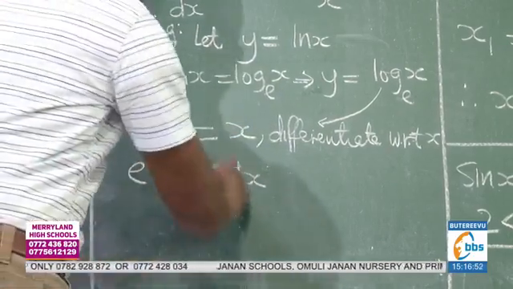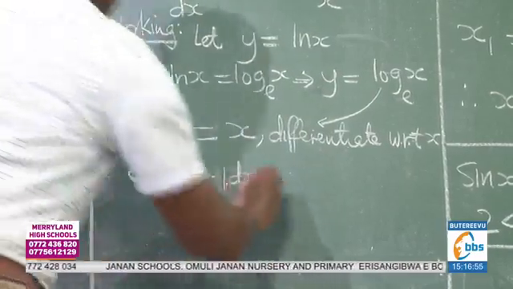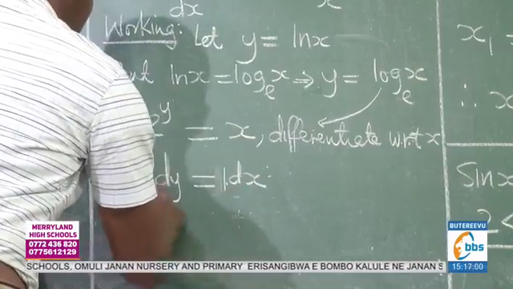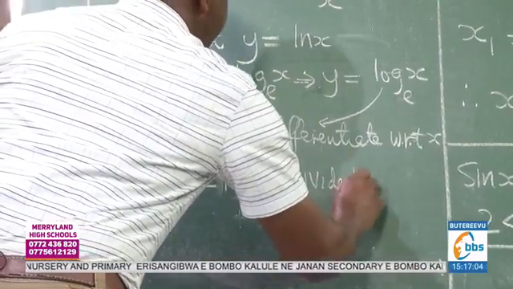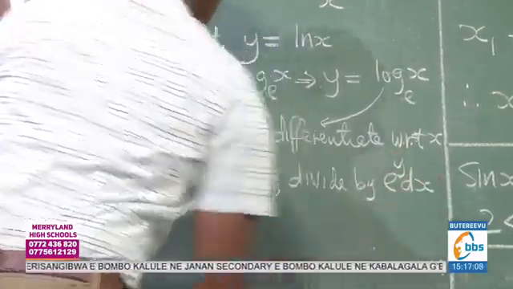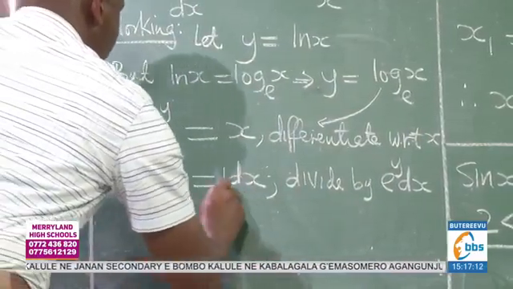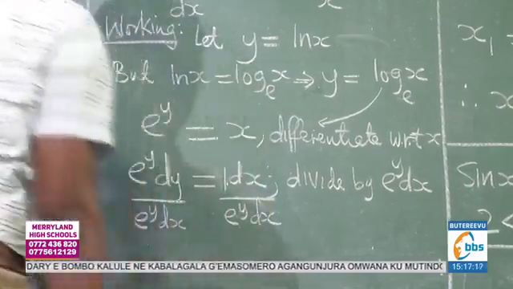And 1 times dx, for those who may be saying, where has it come from? Our interest is to get dy by dx. So I will divide by e to the y throughout.